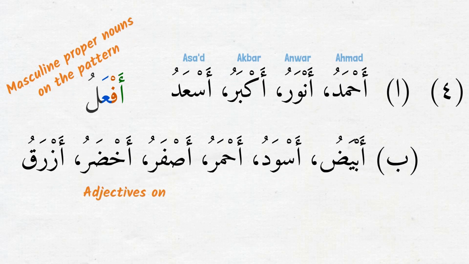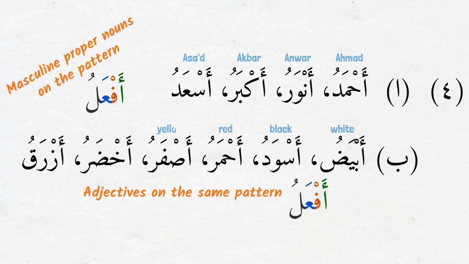Part ba, the adjectives following the same pattern أفعل, such as أبيض, أسود, أحمر, أصفر, أخضر, أزرق. Therefore, if we see a masculine name or an adjective on a pattern أفعل, we should recognize it to be a diptote.